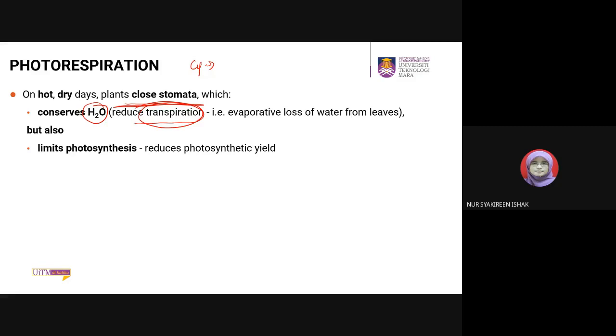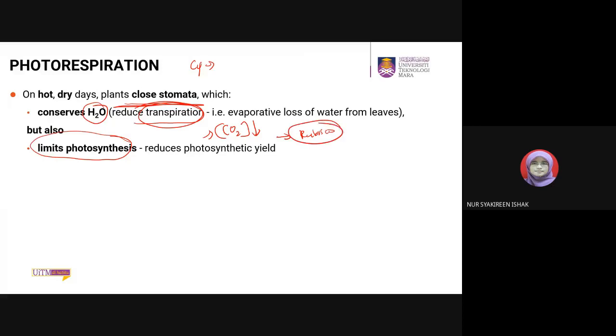But bila dia buat tu untuk conserve air, dia akan menyebabkan proses fotosintesis tu terganggu. Okay, sebab apa? Bila close stomata or close stomata partially, it prevents carbon dioxide from entering the leaf. So concentration of carbon dioxide in the leaf will be very low. Okay, itu yang tadi saya mention pasal Rubisco.